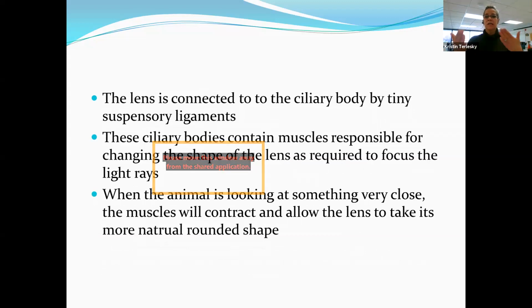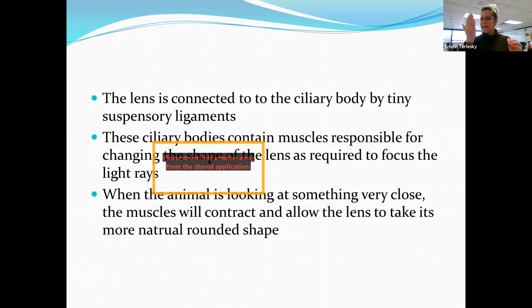All right, so the lens is connected to what they call a ciliary body by little suspensory ligaments. And again, this is really, really tiny. And those ciliary bodies and those ligaments are responsible for focusing. They're the ones that move your lens around so you can focus in on something and actually see. When the animal's looking at something really close, those muscles will contract and allow that lens to take its more natural round shape.